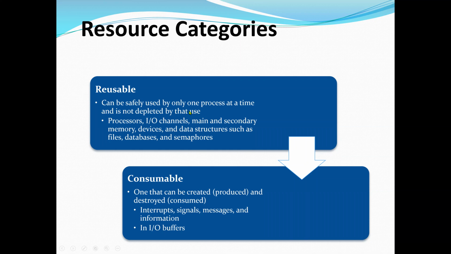Processes obtain resource units that they later release for reuse by other processes. Examples of reusable resources include processors, I/O channels, main and secondary memory, devices, and data structures such as files, databases, etc. Now, a consumable resource is one that can be created, that we can produce, and also destroy, or consume. Examples of consumable resources are interrupts, signals, messages, information, and even I/O buffers.